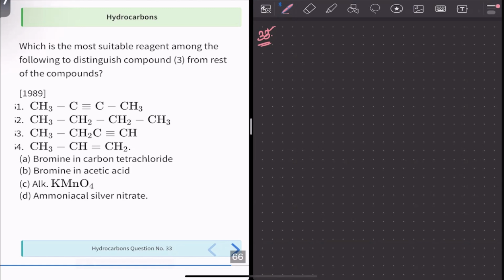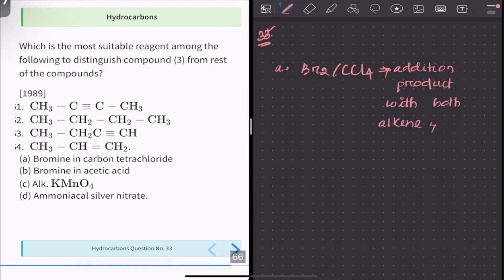Bromine and carbon tetrachloride. Bromine in CCl4, carbon tetrachloride, will give addition product with both alkene and alkyne. So it can't distinguish option 3 from option 1 or option 4.